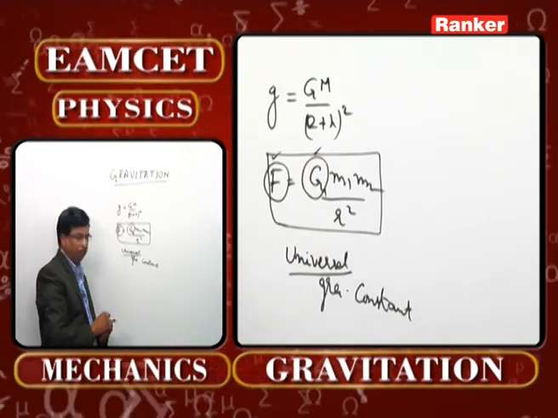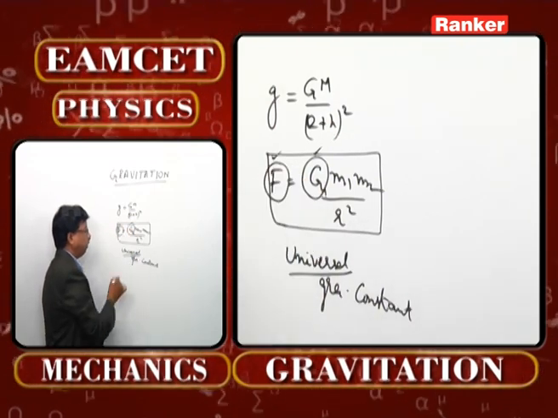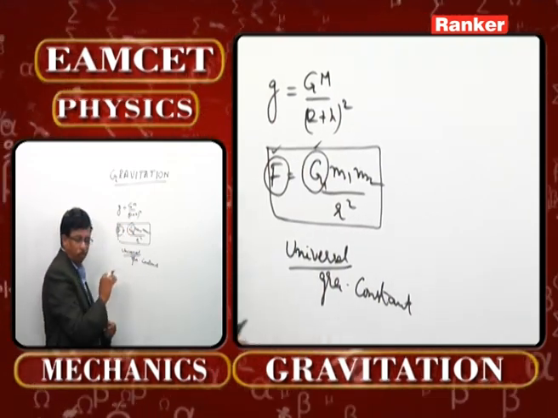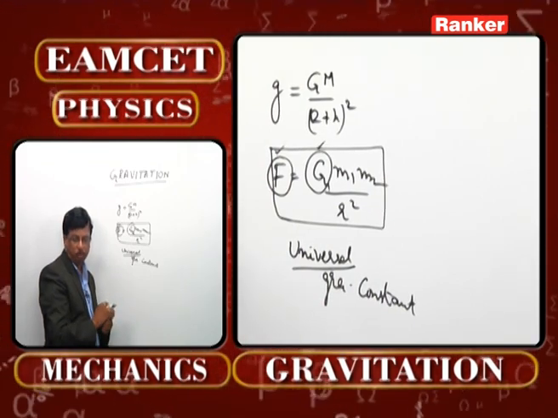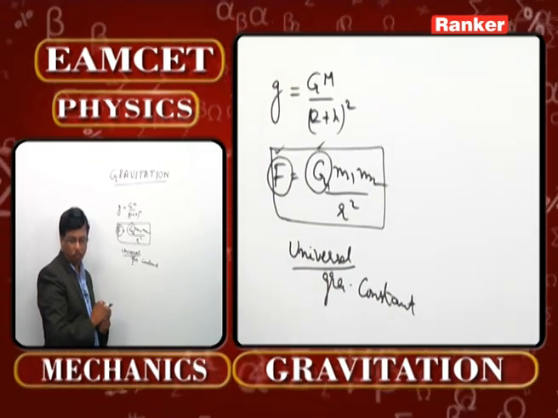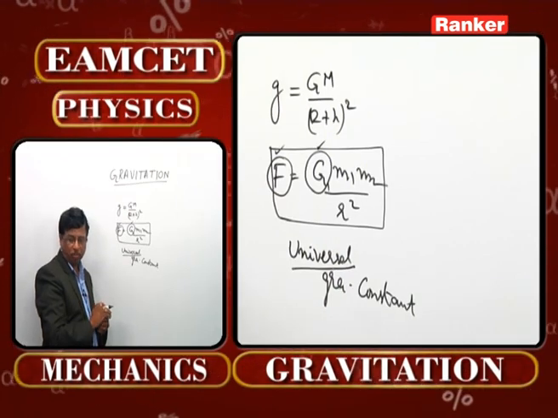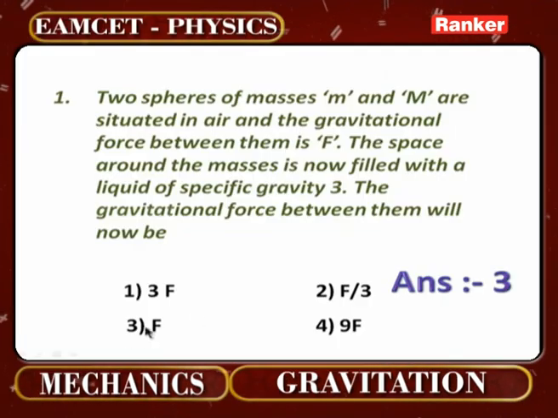That means since G is independent of the medium, it does not vary with the specific gravity of the liquid taken in between the bodies. Therefore, your answer will again be F itself. That is the third option which is going to be correct there. That is the concept.